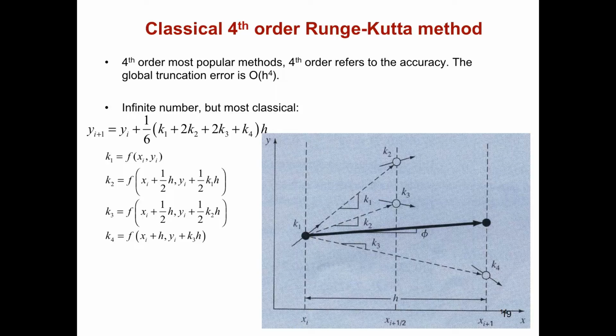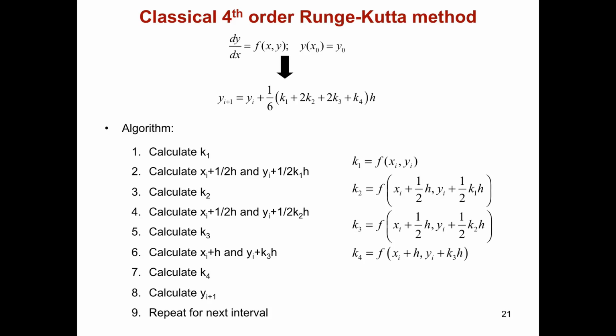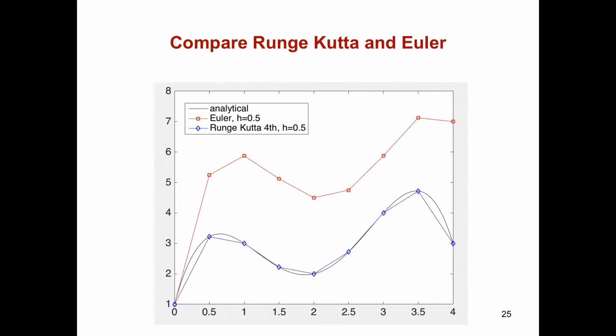It goes to the 4th of that. And we will actually today do an example where, on that very first problem that we had, this was like Euler for h is 0.5. If you do Runge Kutta 4th order, okay, for the same 0.5, you're right on the money. Okay, so it's really an accurate method.